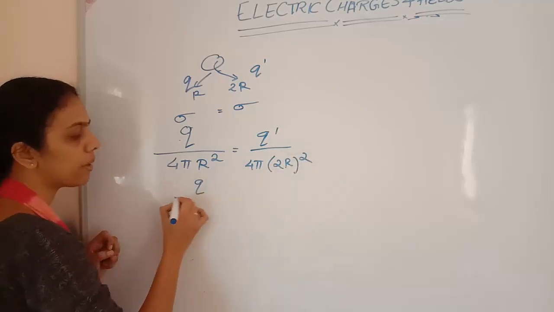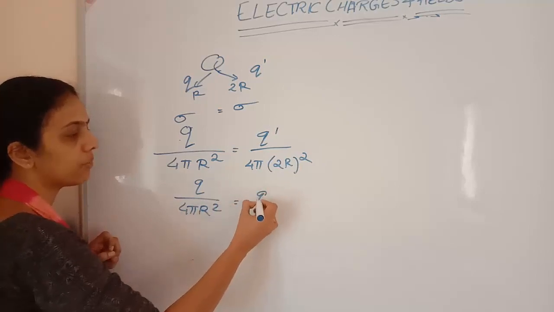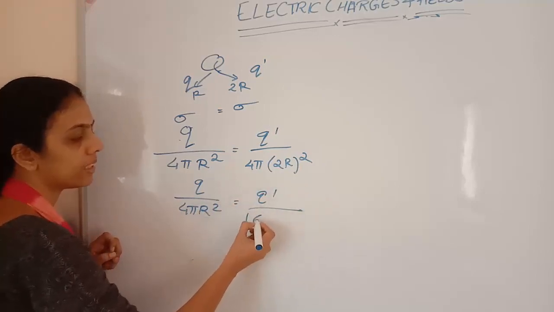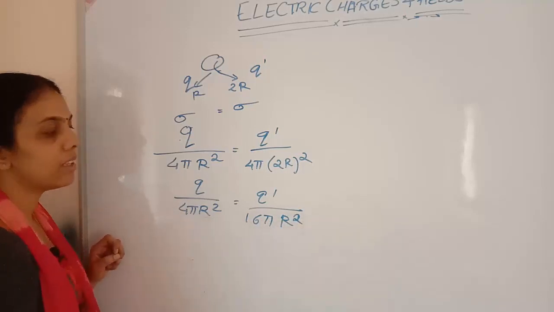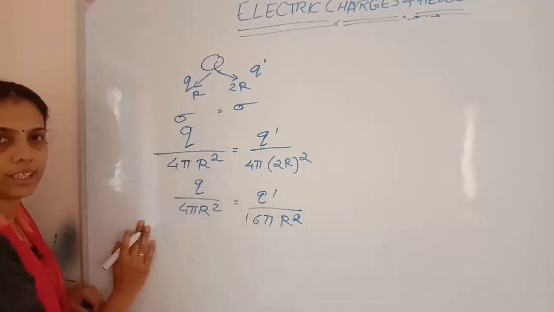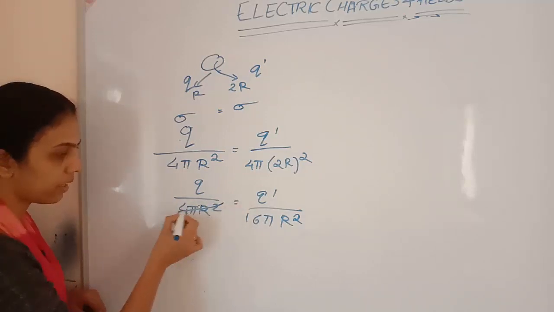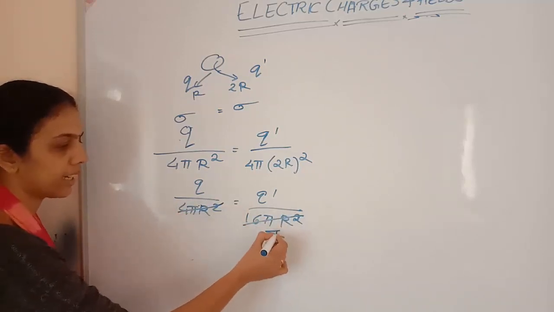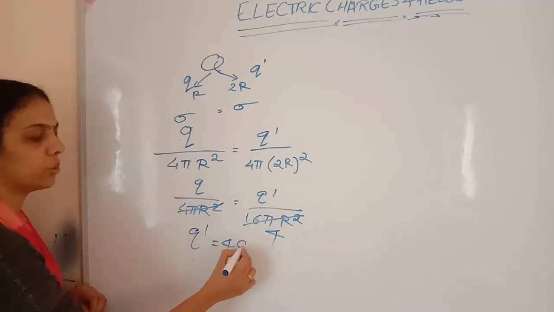So q by 4 pi r square equals q dash divided by 16 pi r square. Clear? So we are getting an equation like this. Here 4 pi r square and 4 pi r square will get cancelled. You will get q dash equals 4q.